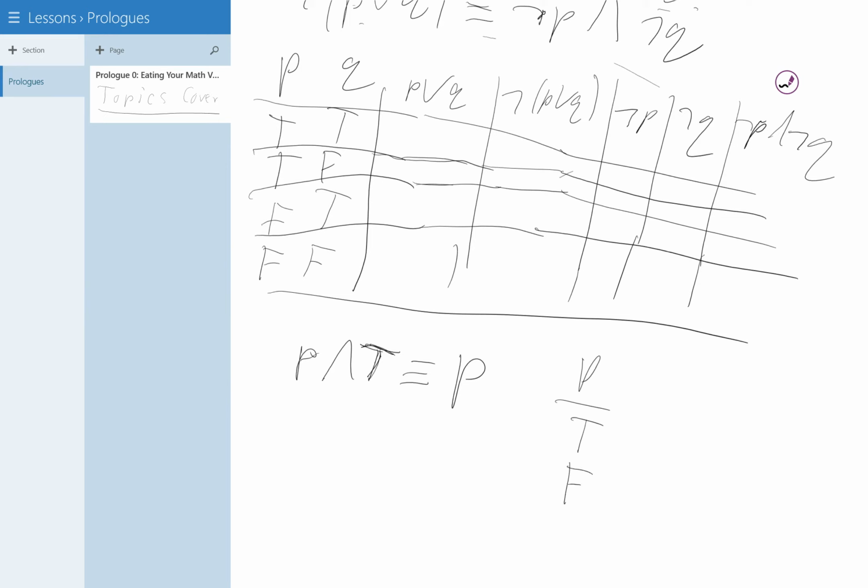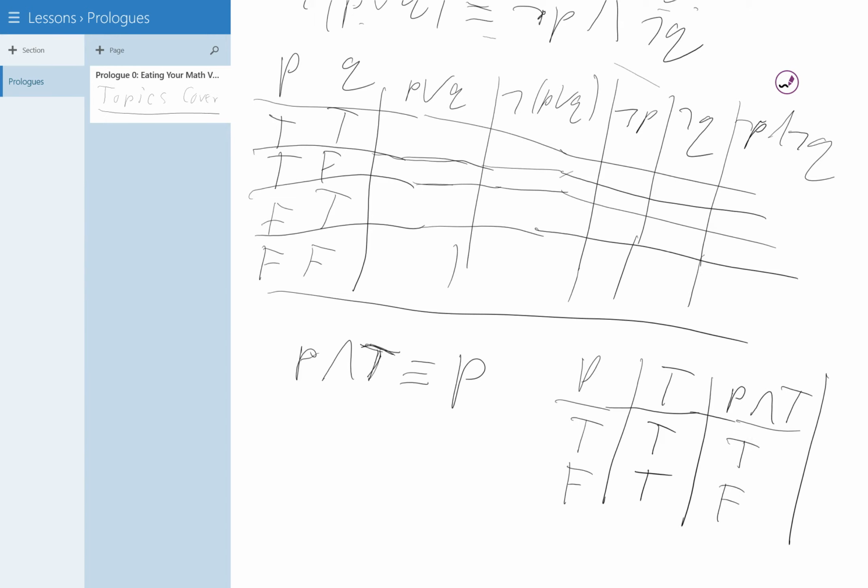True, false, then now we have something that's always going to be true. This true is a special one that's a constant. It always says true. Well then, now when you do P and true, when you AND them, this one is going to be true, this one is going to be false. You see how these two are the same? What that means is that P and true, you take a statement and you conjunct it with the true statement, you just get back that statement itself.